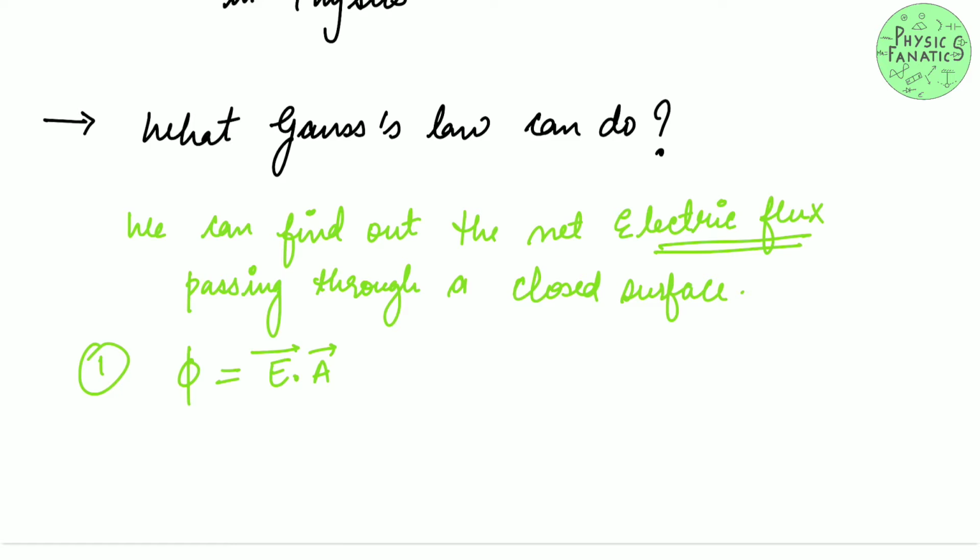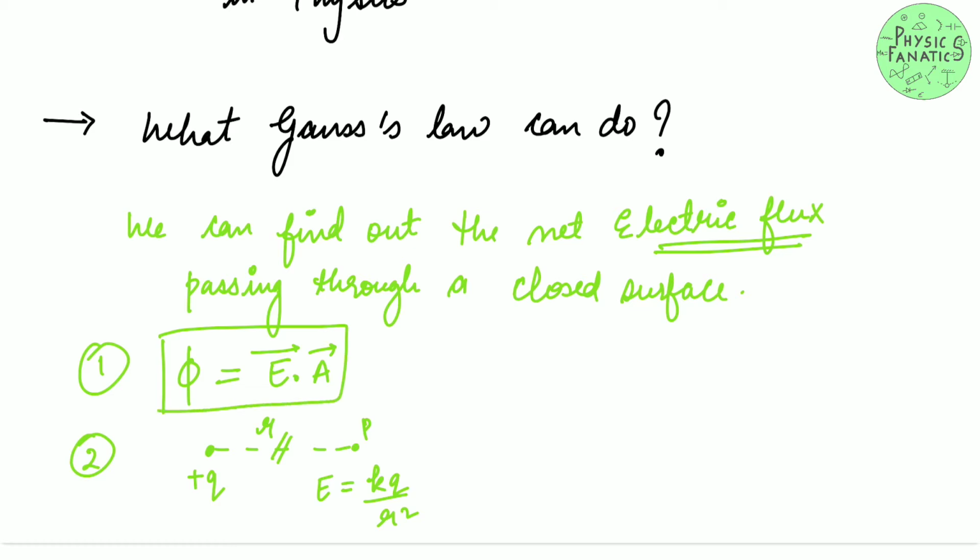Also, if we are talking about the electric field, that we also know how to calculate. For example, if I have a positive charge q and at some distance r, at point P, I am supposed to find the electric field, then I know the electric field is simply given as k q upon r square. Now for flux, if the electric field is not constant throughout, then obviously I'll take a differential.